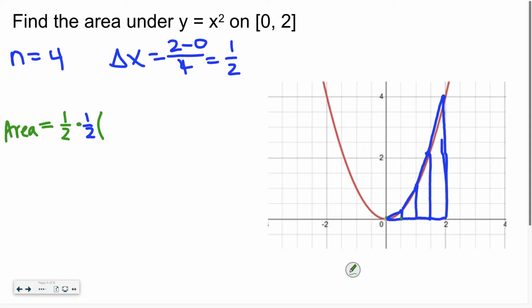We get those from the function height. So one base is at 0 and one base is delta x later. So we have the function value at 0 plus the function value at 1/2. So that's that one. I'll just color it in so we remember that that's what we did.